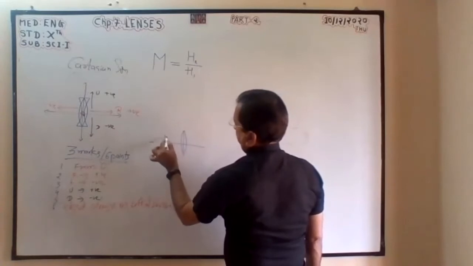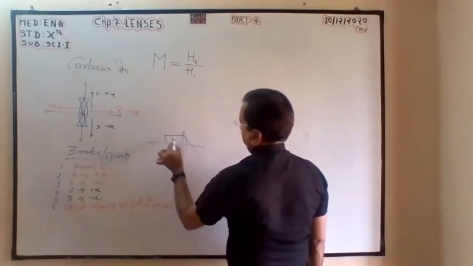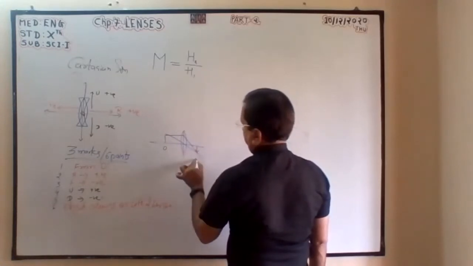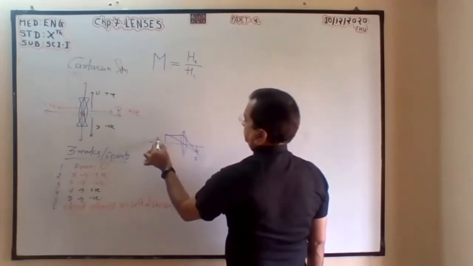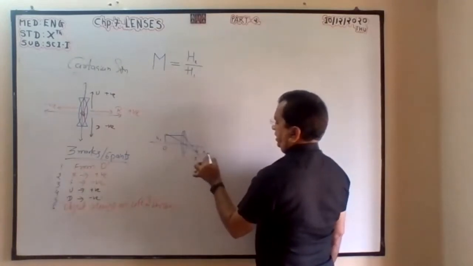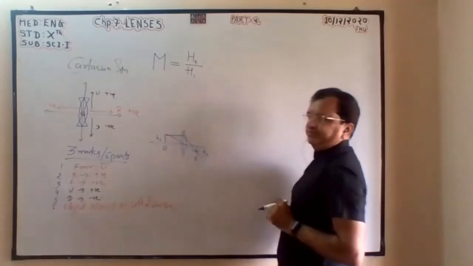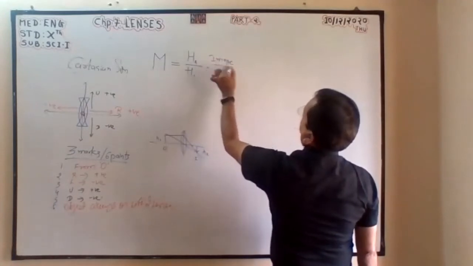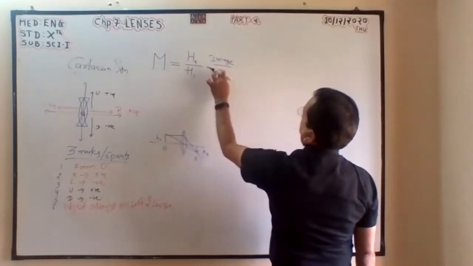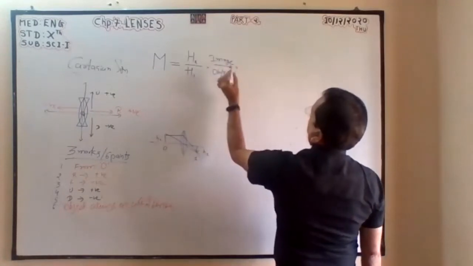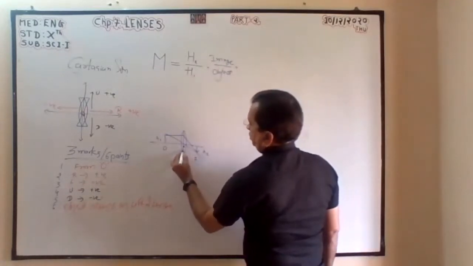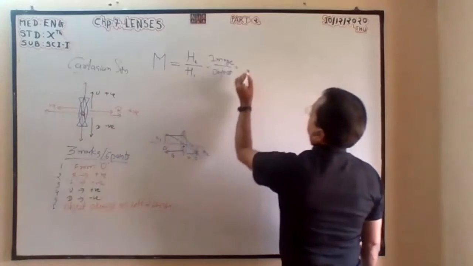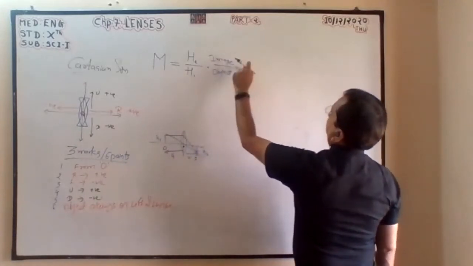Suppose the object is here, and by passing this, this is object, this is image. So object height starting h1, image height ending h2. So h2 by h1, image divided by object. And from O, this distance is u, the initial distance. This distance is v, so also it is v by u.